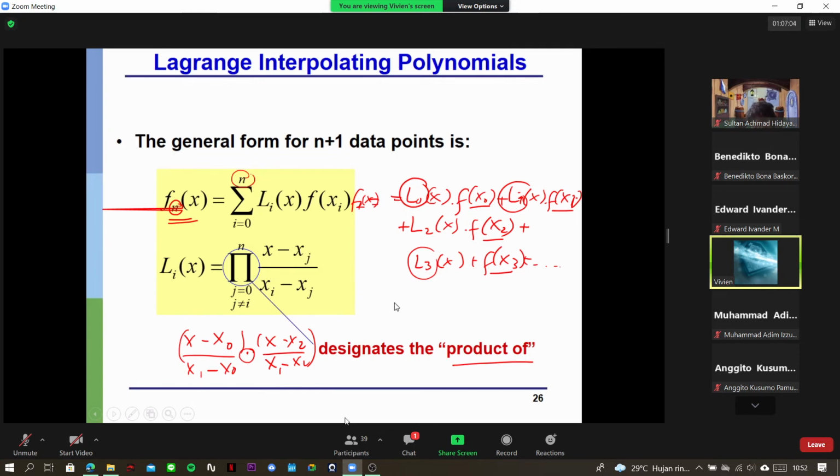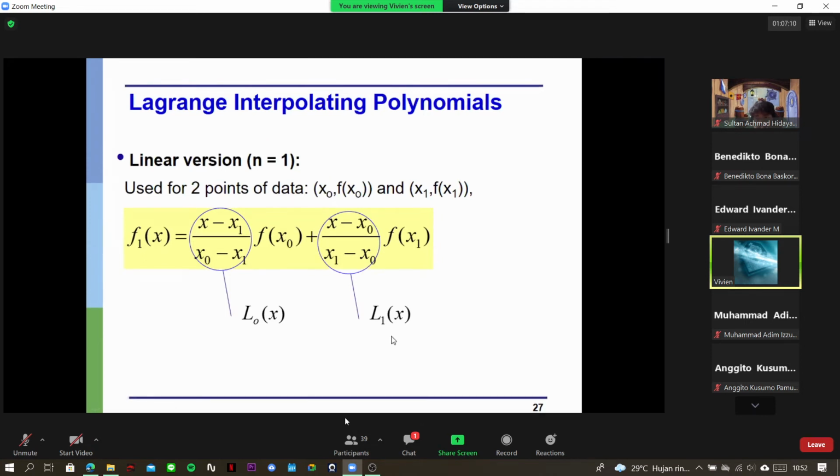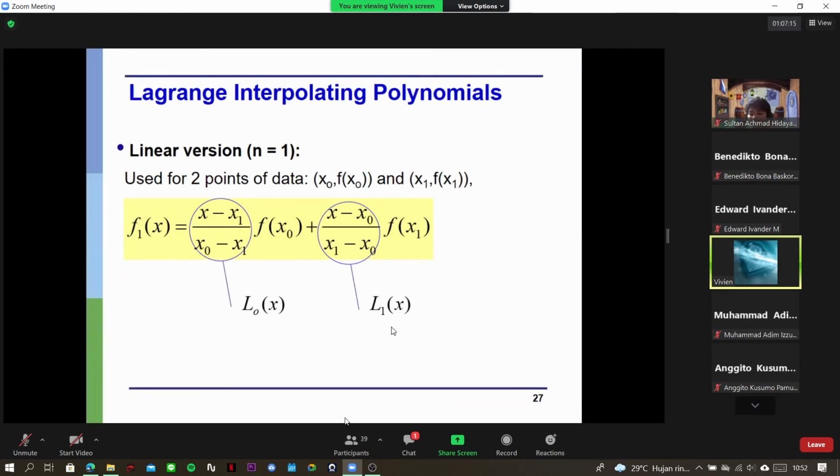Here, for the linear version, that will be L0(x) times f(x0), in which L0(x) will be (x minus x1) over (x0 minus x1).